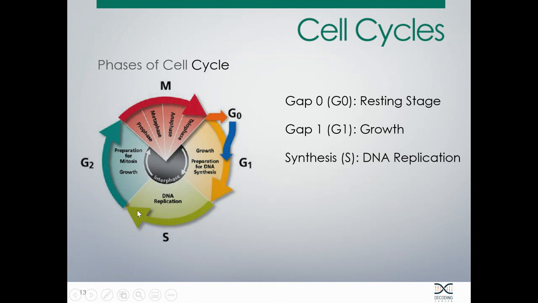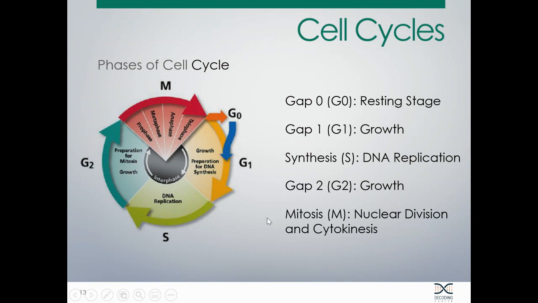Synthesis, the S stage over here, is now preparing for DNA replication. G2 is another growth phase. It also is preparing for mitosis. And then mitosis includes nuclear division and cytokinesis. You can see here the different phases. You may recall this from your biology class in high school.